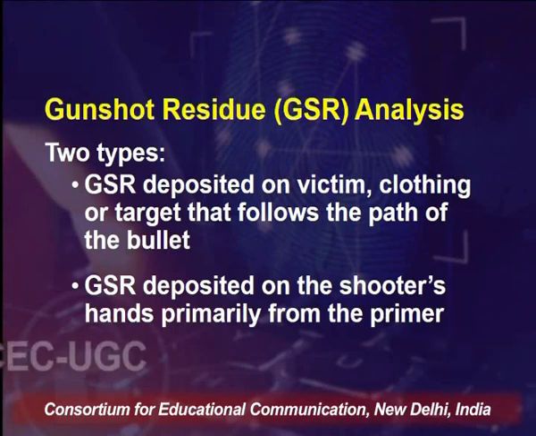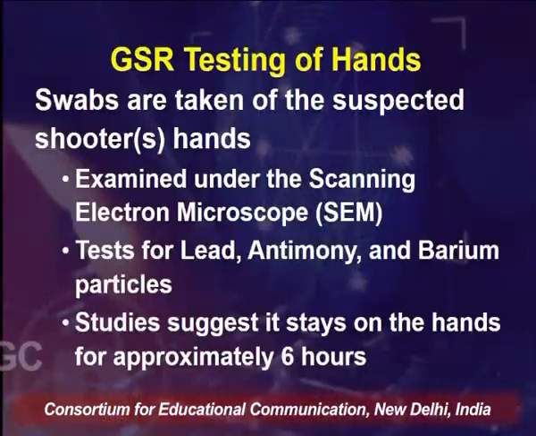So if there is a suspect and he has used a firearm to kill a victim, then there is a probability that the GSR will be found on the hand of that particular suspect, in case he hasn't washed his hands. GSR testing of hands is required. Whenever we have a suspect, first of all we should take a swab from the shooter's hand and we can examine this GSR under scanning electron microscopy.